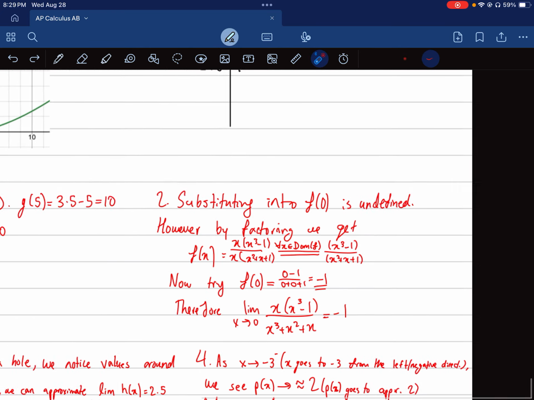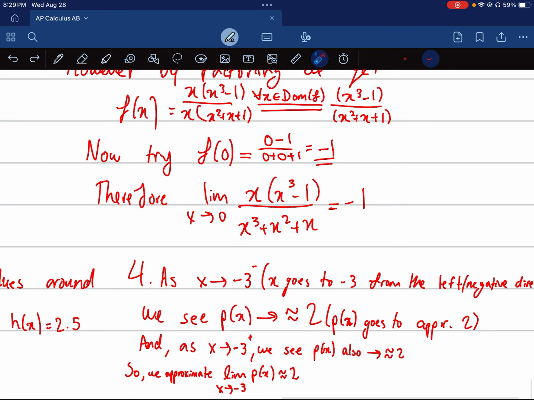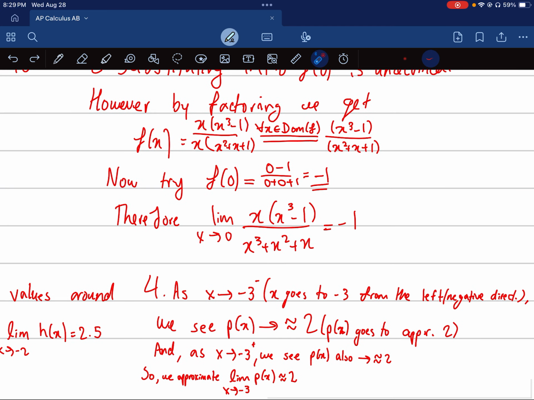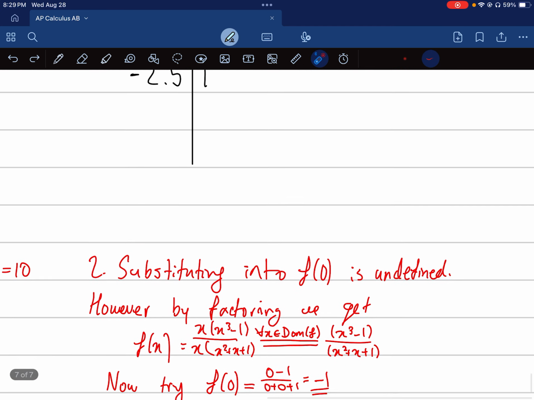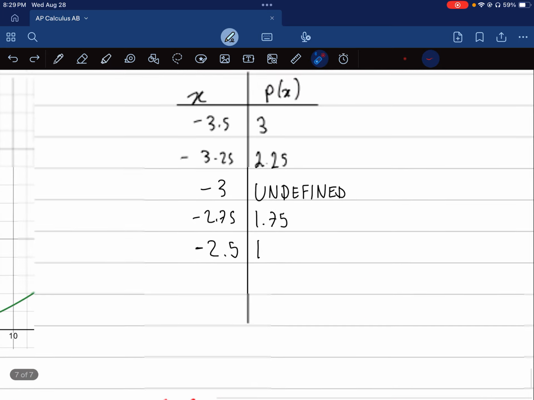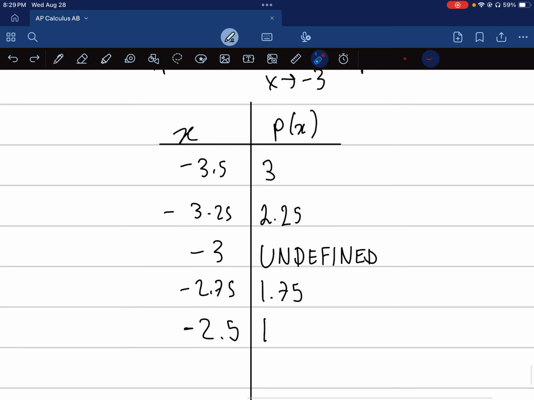Finally, for problem number 4, we get x approaching -3 from the negative direction, which is in our chart. Remember, from the negative direction, x goes to -3 from the left. As x goes toward -3 from the left, or from the negative direction, or down, however you want to say it, p of x is going to go to, let's say, approximately 2. We can't tell exactly from this chart, but we could say it's 2.